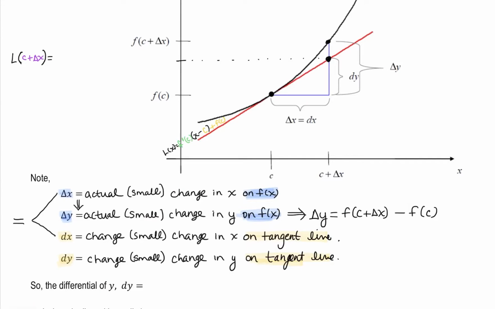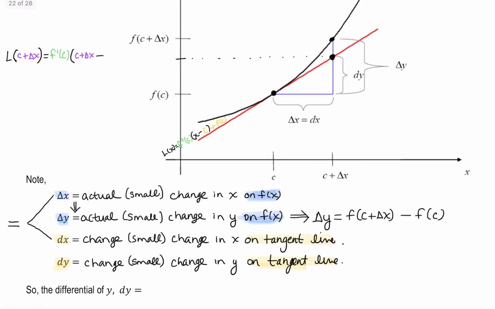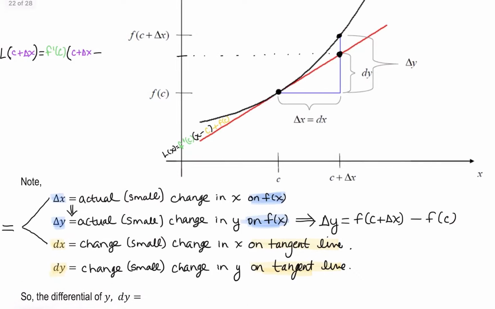So if I look at the form of the tangent line, it says it is the slope f prime of c, and then times the quantity of, and this is where I sub in my x value. And in for x, I'm putting in c plus delta x. So that's my x value. And then it's minus, going back to just my linearization, minus c, and then plus the f of c.